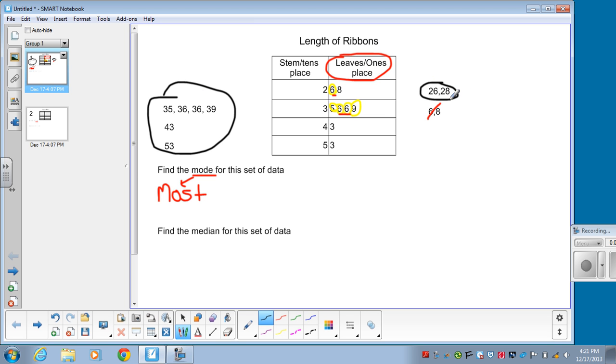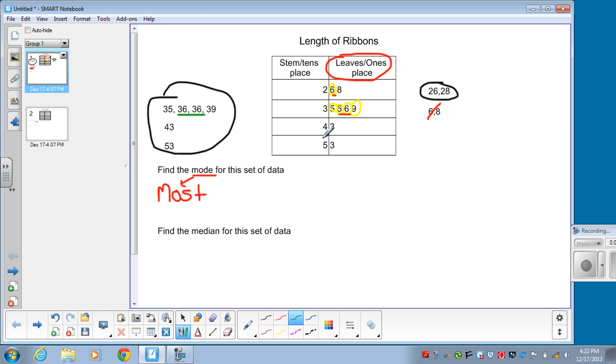These numbers that I circled are the same numbers represented in the stem and leaf plot. What number is seen the most? Excellent job! If you said 36, you are absolutely right. 36 is the number that we see the most. 26 is only written one time. 28 is only written one time. 43 is only one time.